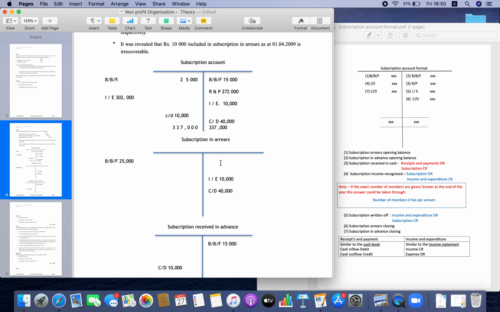Now go to the arrears account. I want you to close this account and find the missing figure. In the arrears account also, the credit side is much bigger than the debit side, so when you total up, you will get 50,000.